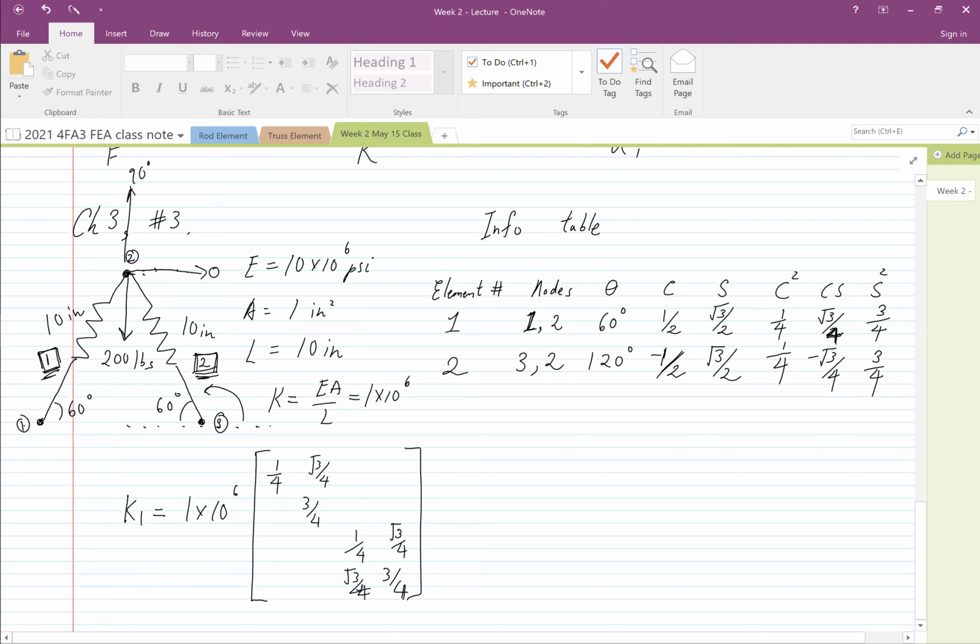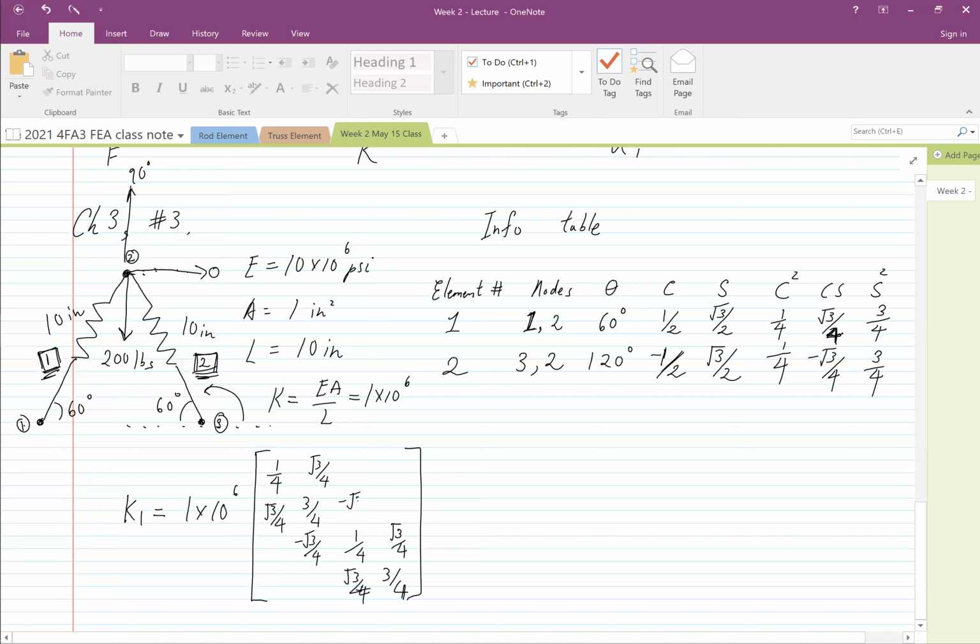That term will be cs, and this term will be -cs.